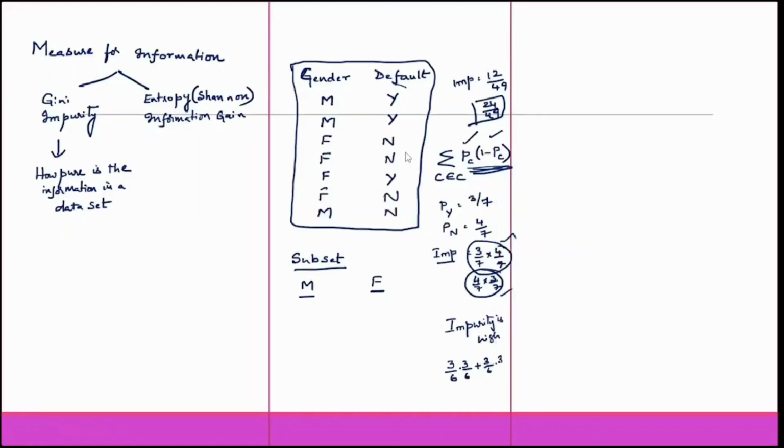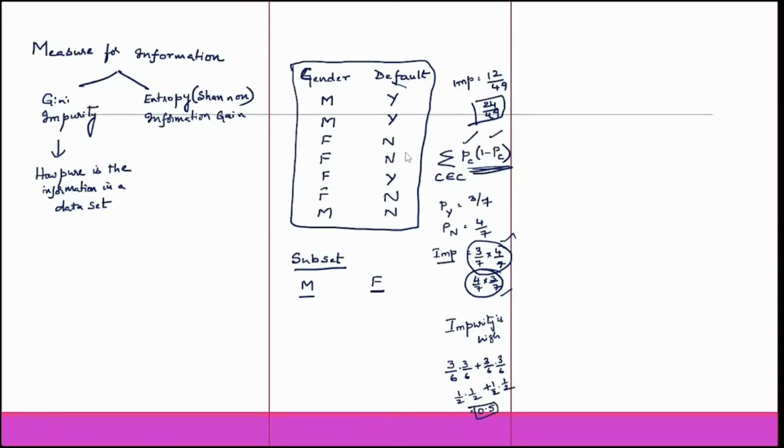So when both are exactly equal, that is when our impurity will be the highest. When you find the impurity to be around 0.5, that's where you say the impurity is the highest in the data.